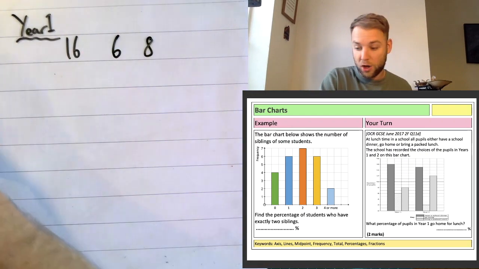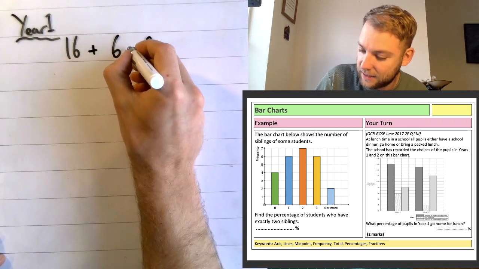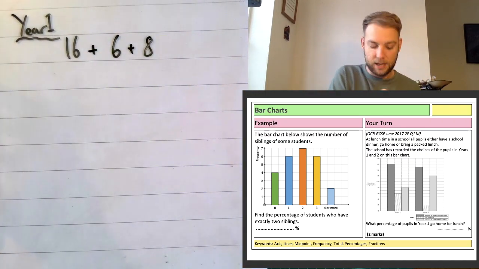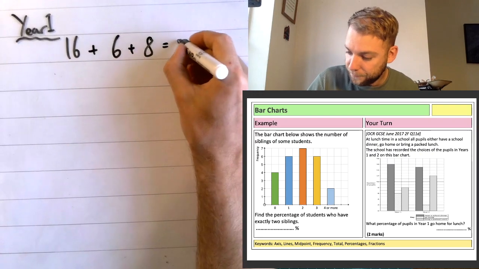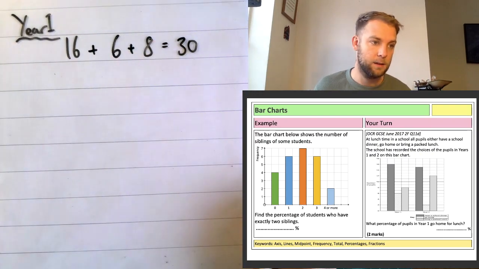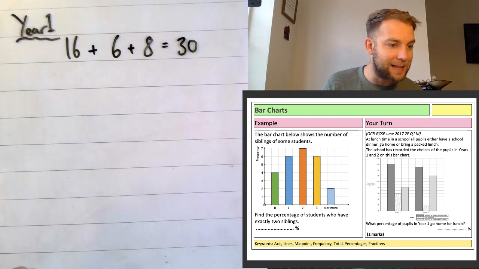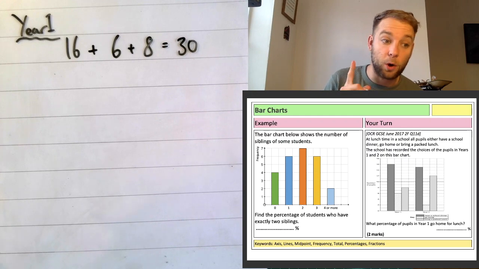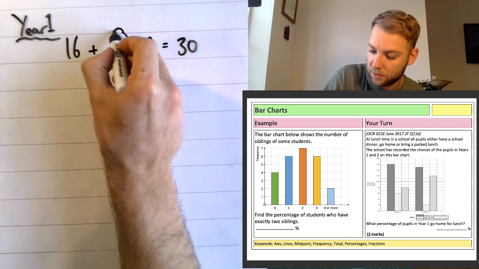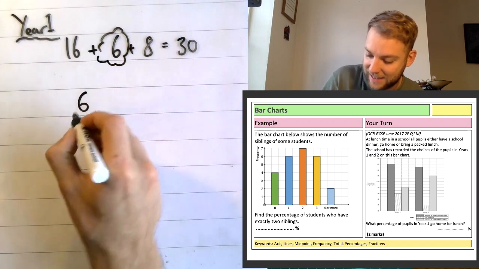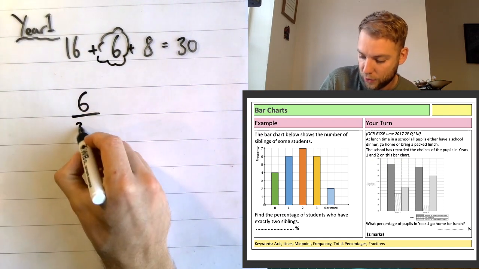So to work out the total, it's going to be 16 plus 6 plus 8, which is equal to 30. Brilliant. And we want the percentage of year 1 who go home for lunch. So how many people go home for lunch? That was this one here, wasn't it? So it's going to be 6 out of 30.